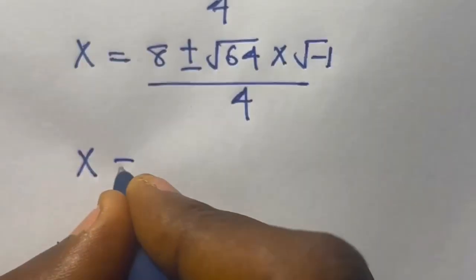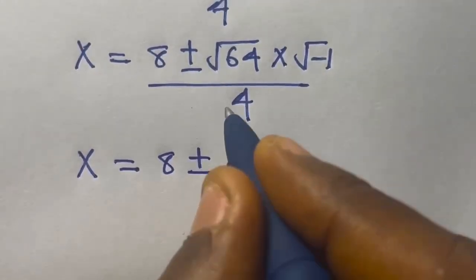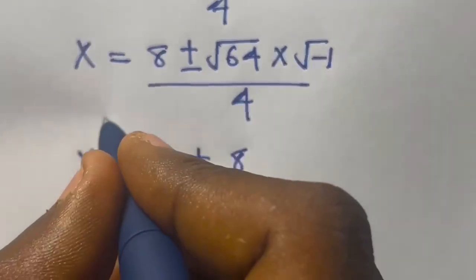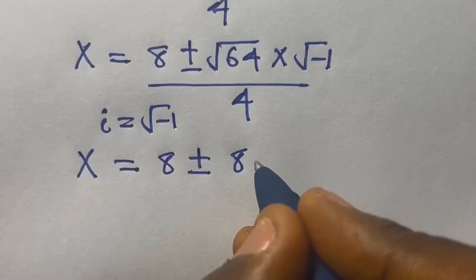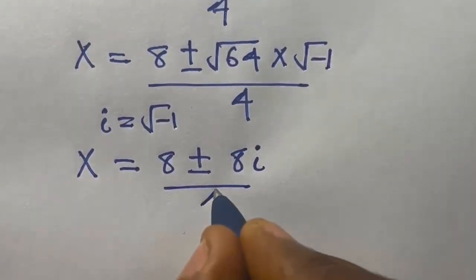The square root of 64 is 8. Also here, let's remember that i equals the square root of minus 1. So here we can have i, divided by 4.